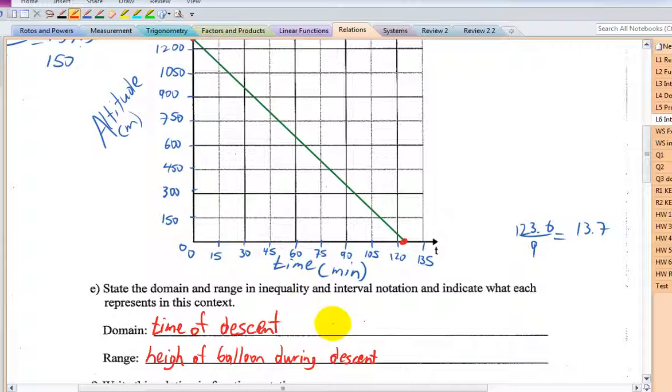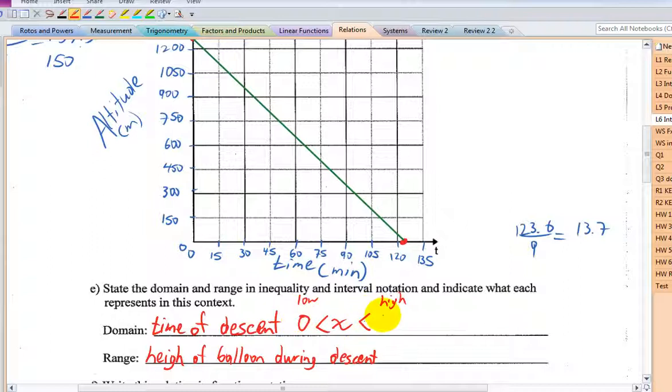As an inequality, you always want to start like this. Okay, all inequalities you want to start with this. Then you put your low value on the left and your high value on the right. What's our low value for x? 0.